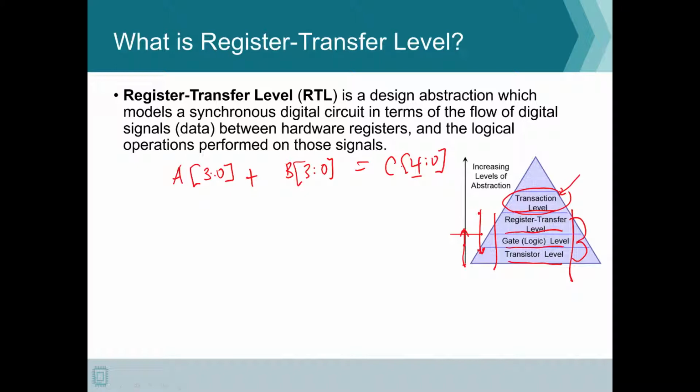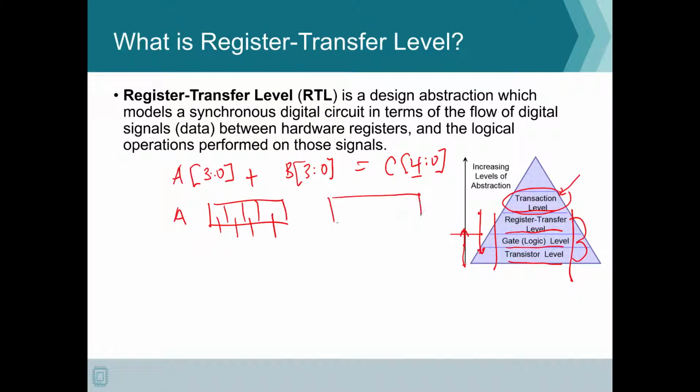If I want to design a circuit for this, I need a register which can store 4 bits. We know that we can create a register either using a latch or even a flip-flop.